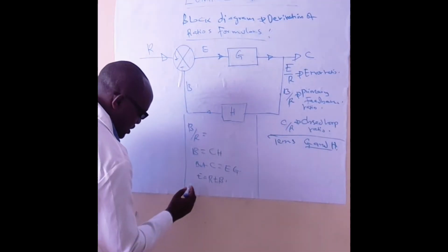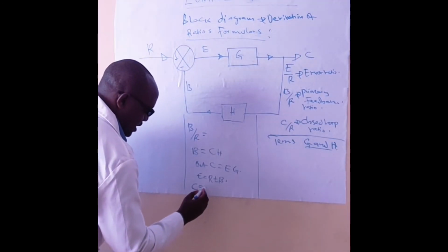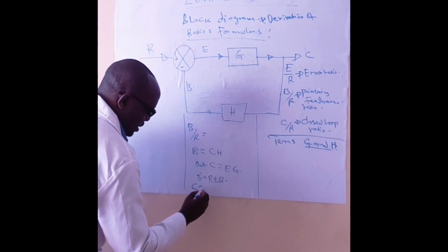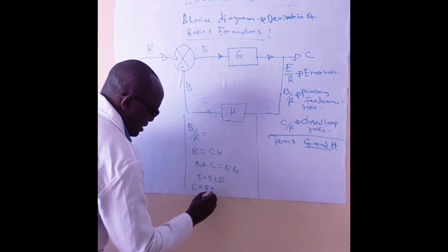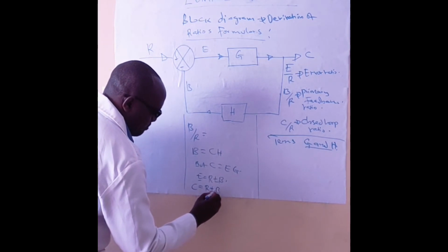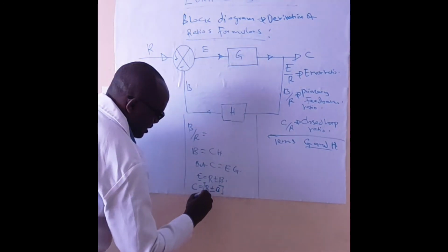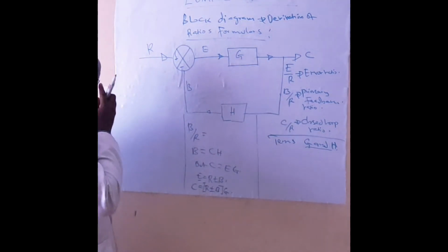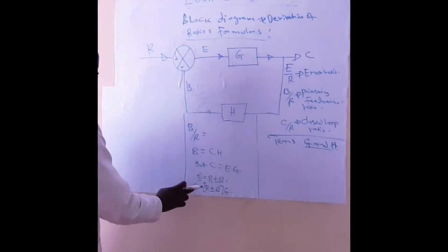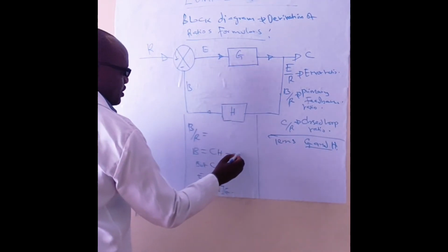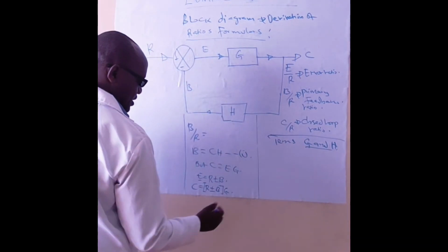Now from there, we can substitute for C. We say E, instead of E, we are going to write R plus or minus B, you close with bracket, multiply by G. Then from there, this one is going to form the first equation, this is going to form the second equation.